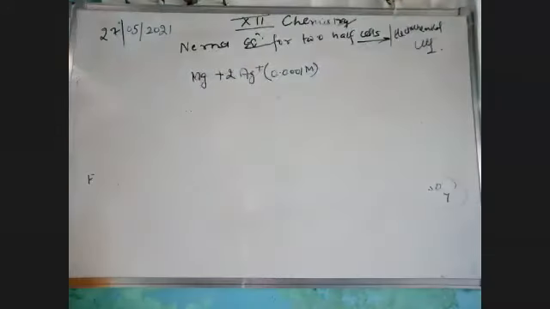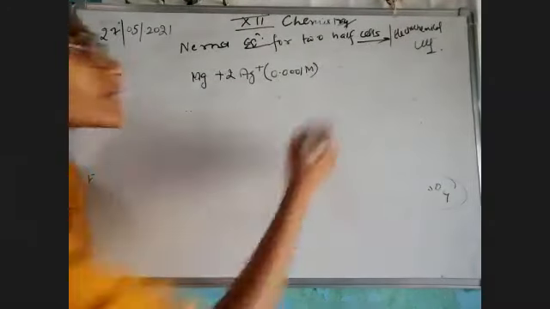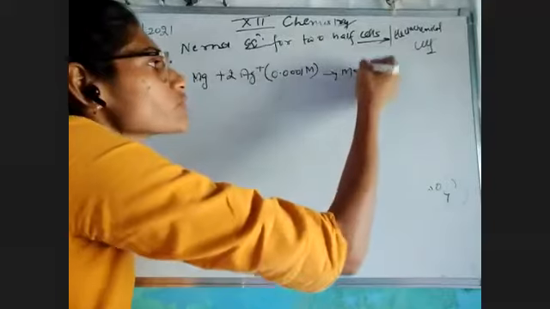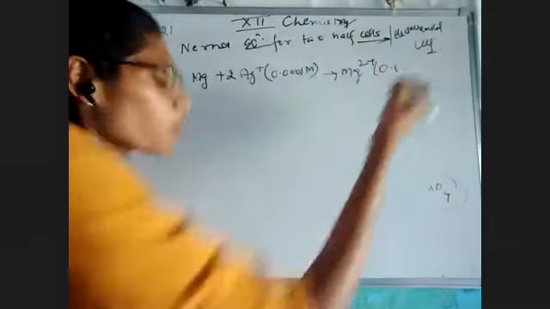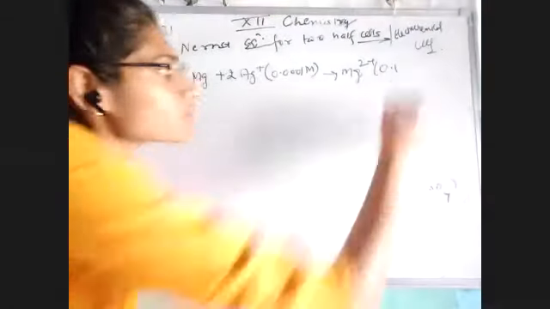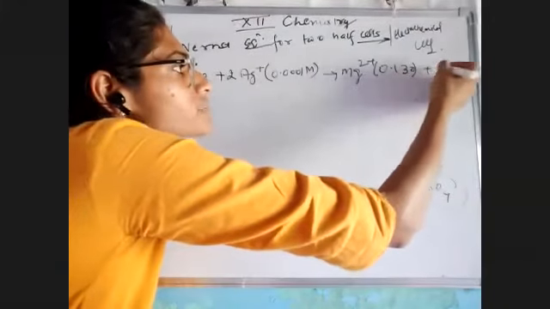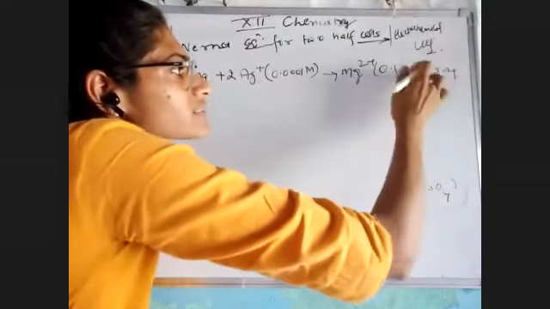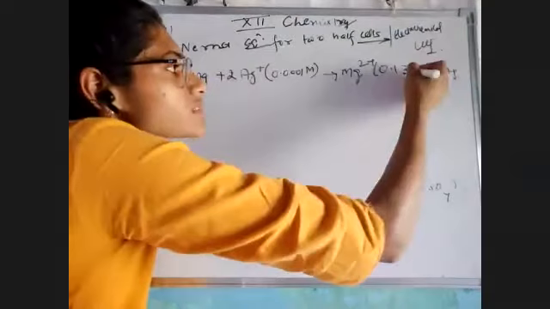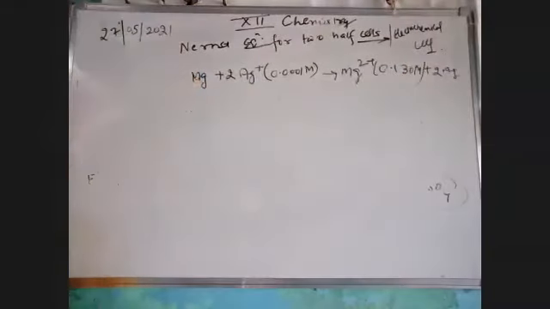That is concentration, and it is converting into magnesium 2 positive, which has the concentration 0.130. Yes, definitely this is concentration, so it has the unit in the form of mole.